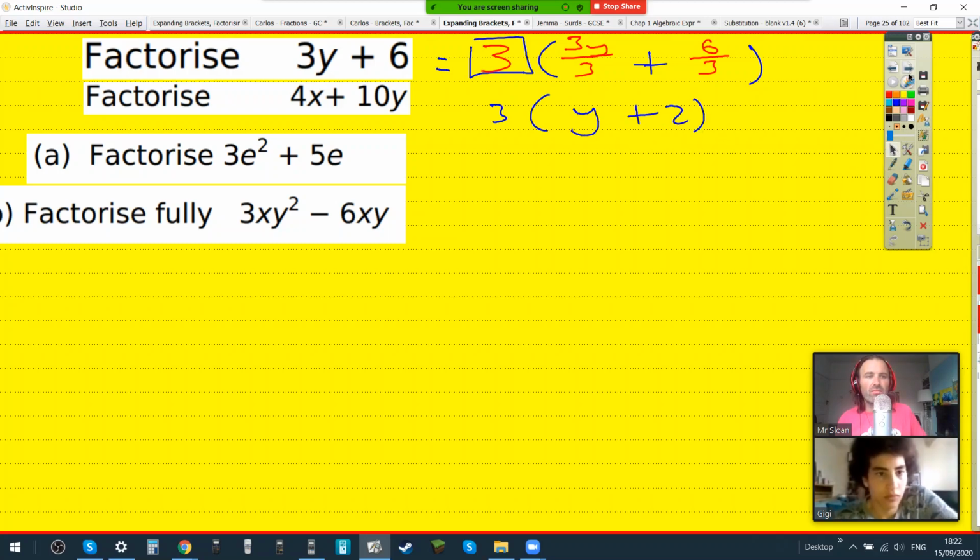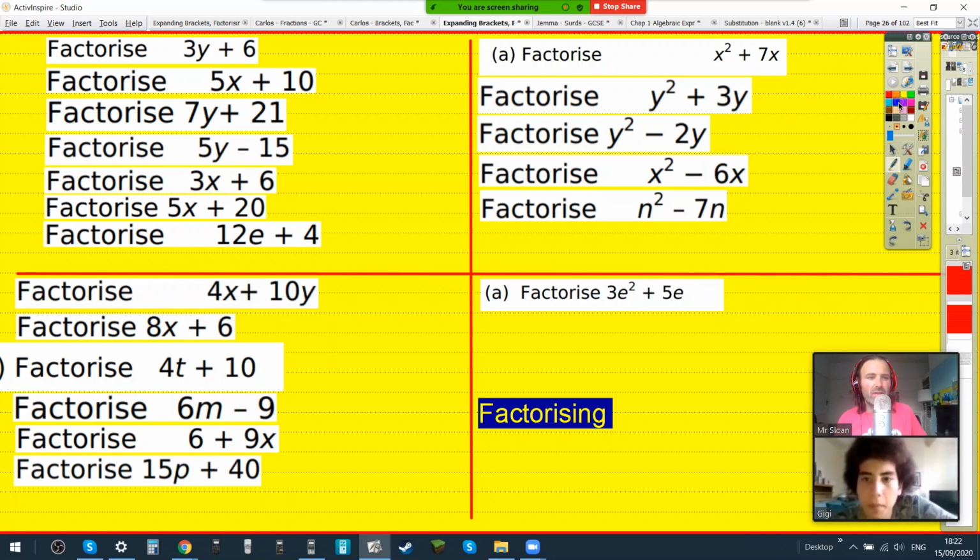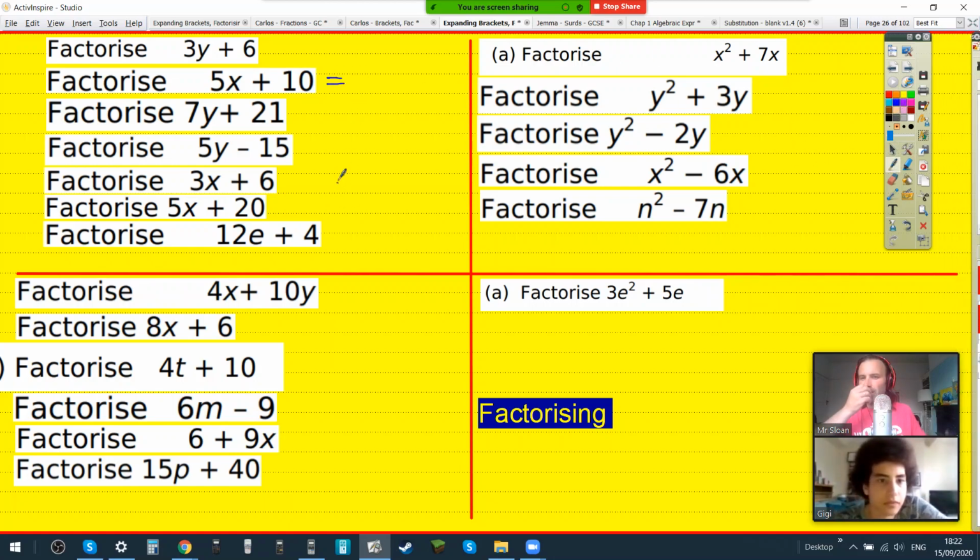Let's see. I will do these. Okay, so how about the next one here? 5x plus 10. They're both multiples of 5. So it'll be 5 times x plus 2.